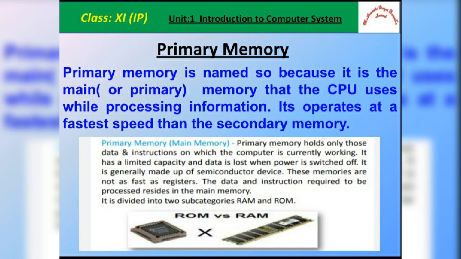RAM may be classified as dynamic or static. Static RAM retains the stored information as long as the power supply is on. Dynamic RAM slowly loses the stored information even when the power supply is on and has to be refreshed periodically.